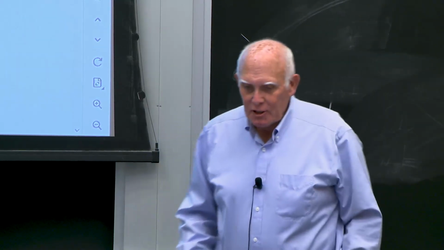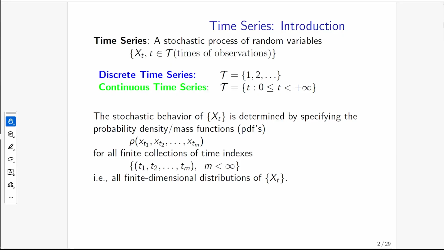And in terms of modeling such a time series, we want to be able to specify the probability model for any collection of time point values. So when we say, let's specify a probability model for a time series, that corresponds to being able to specify the joint density of any set of points.